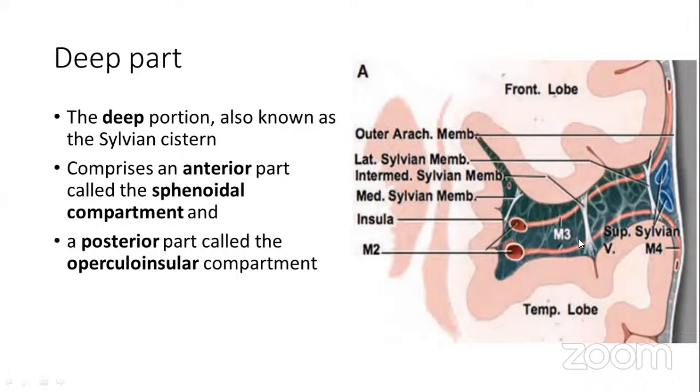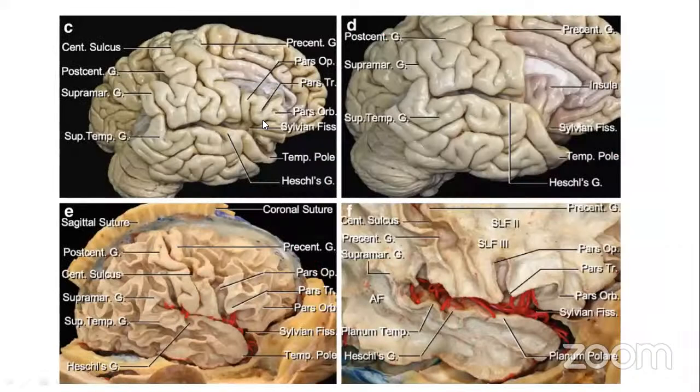And we have the third one, that is the intermediate Sylvian membrane. And the innermost, the medialmost membrane is the medial Sylvian membrane. Medially, we have the insula. Here we have the MCA. As we can see, it is converting into the M3 segment, and lateral on the cortical surface, we have the M4 segments.